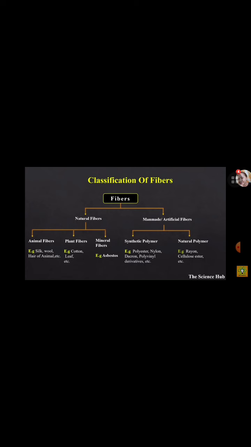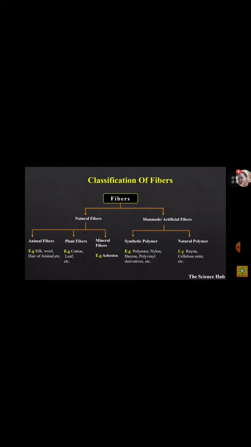Natural fibers are divided into three, that is animal fibers, plant fibers and mineral fibers. Animal fibers include silk, wool, hair of animal, etc. Plant fiber includes cotton, leaf and etc. Then mineral fibers include asbestos.